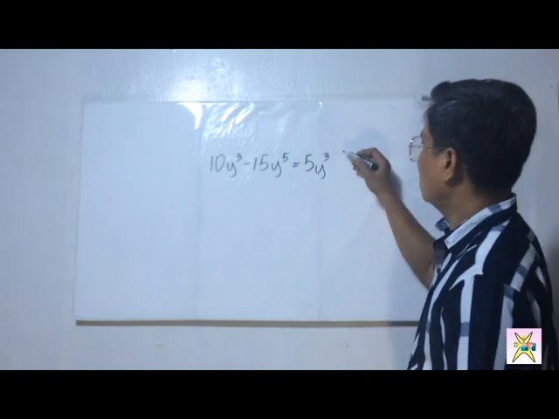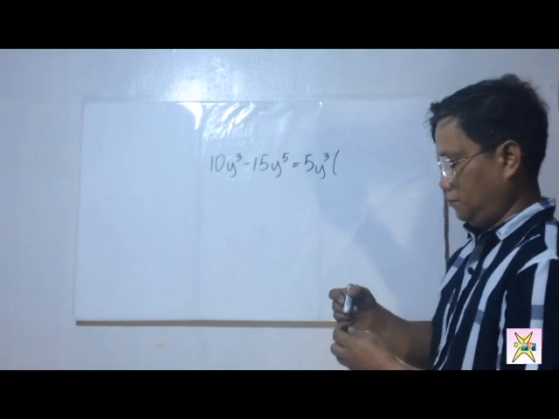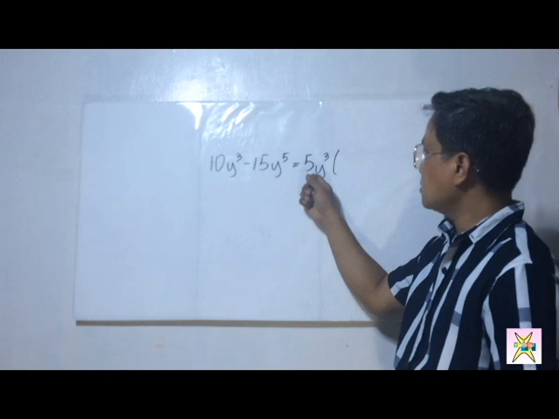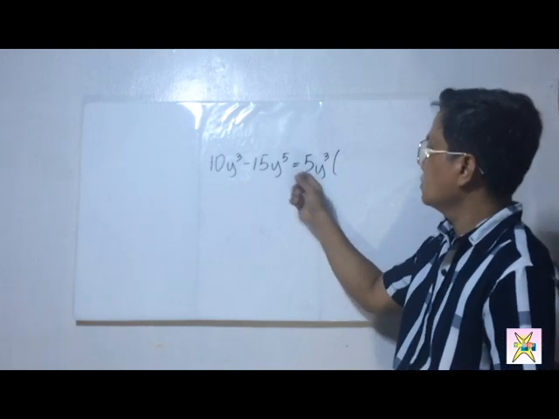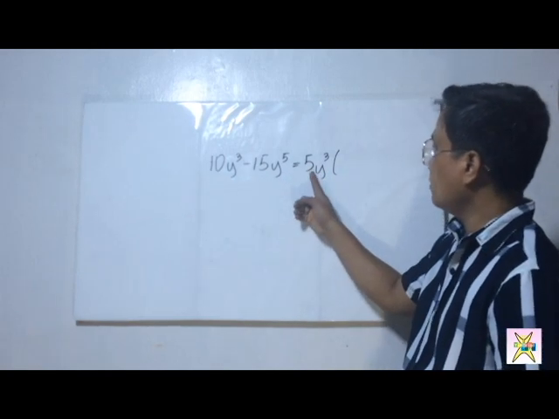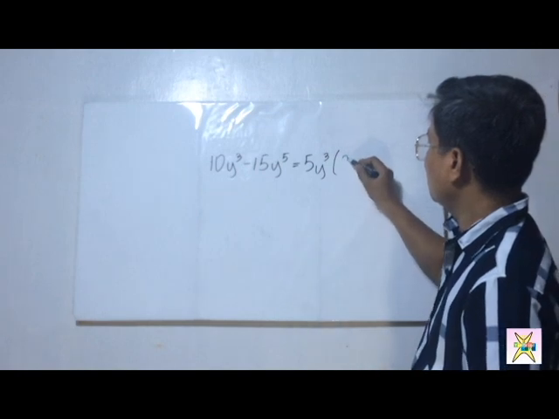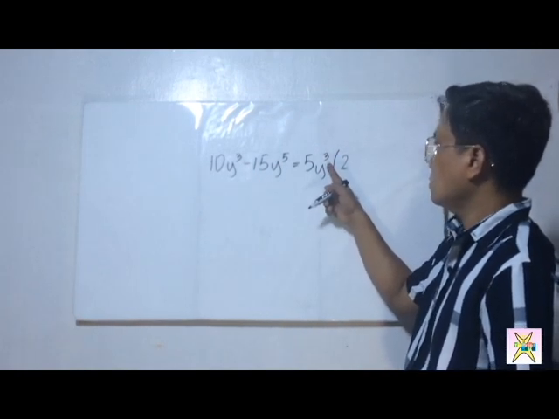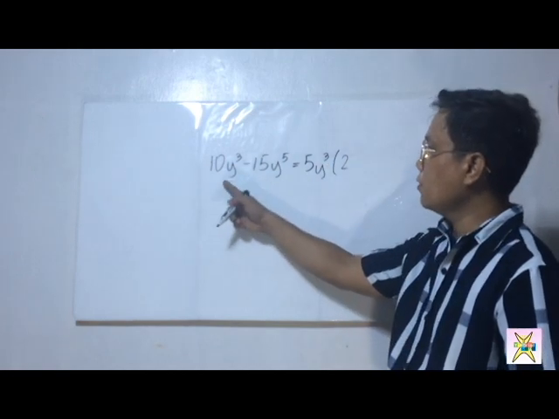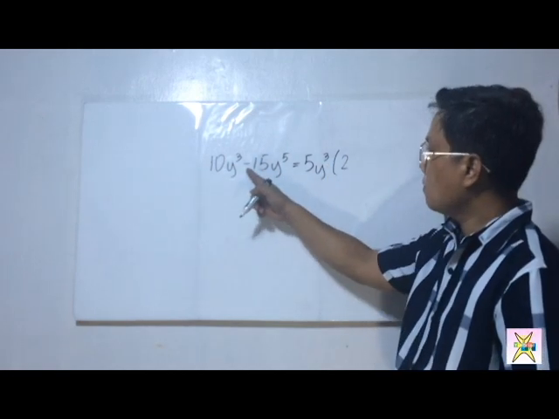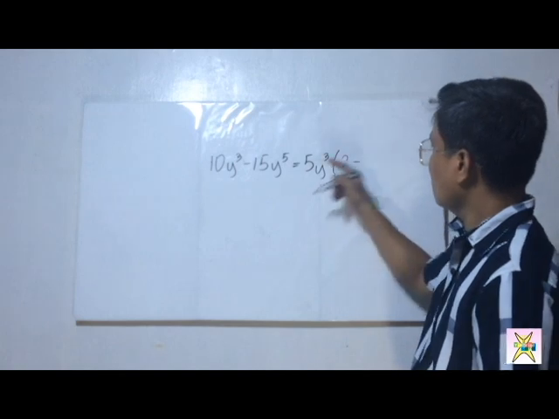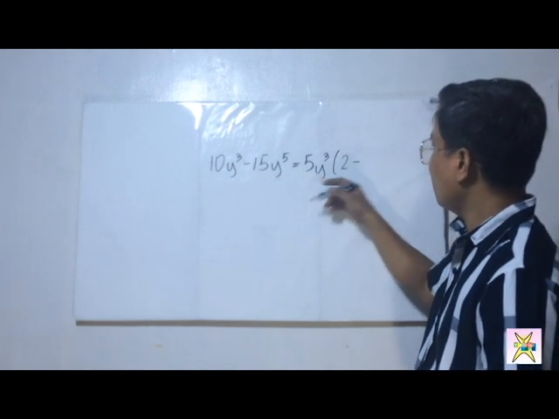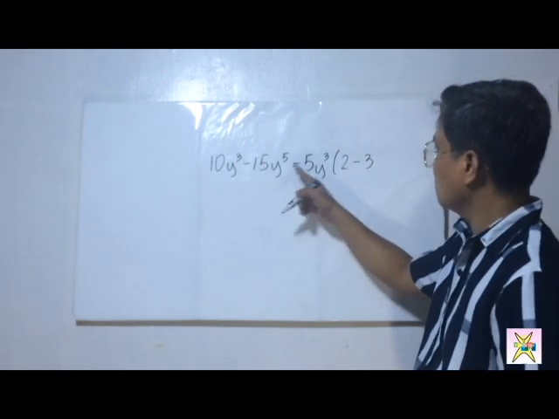Then we're going to use this as our divisor. 10 divided by 5 is 2. Y cubed divided by y cubed is 1, so we are going to cancel it out. Minus 15 divided by 5 is 3.